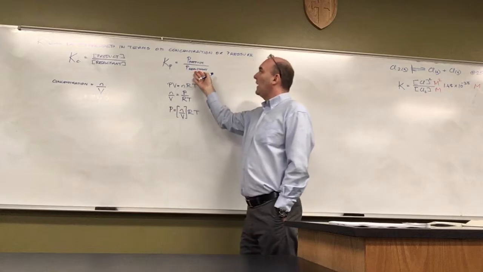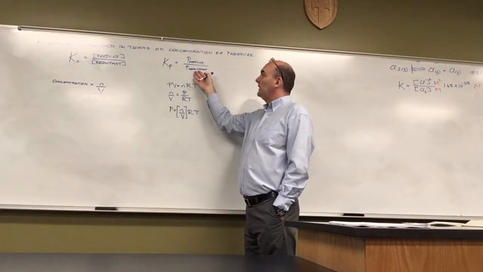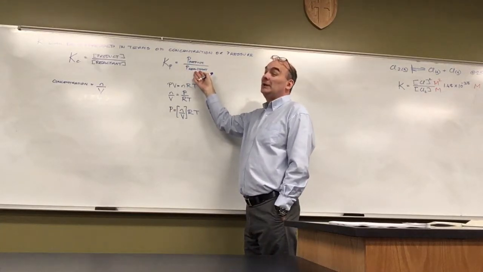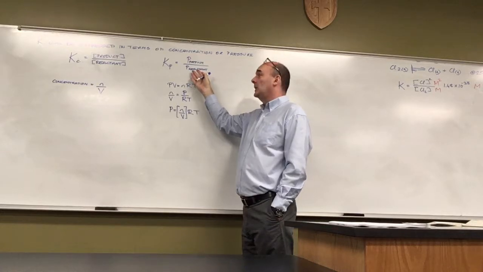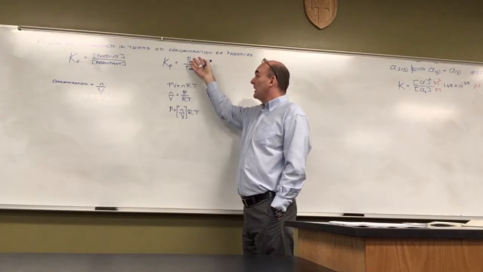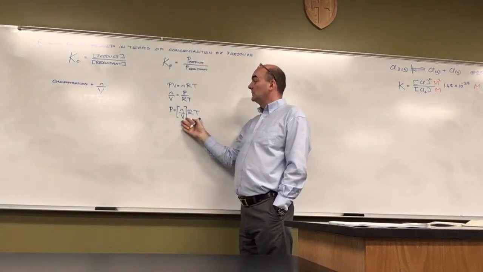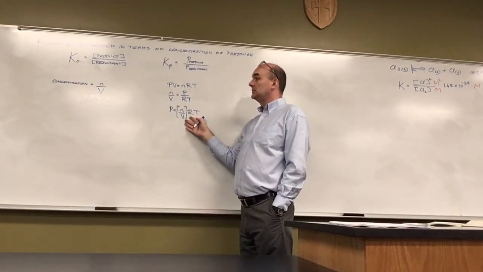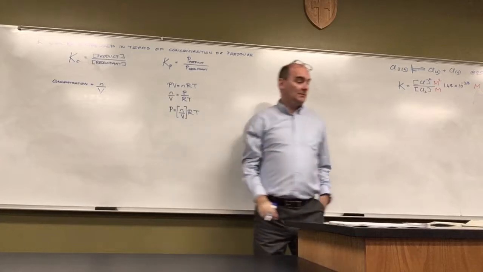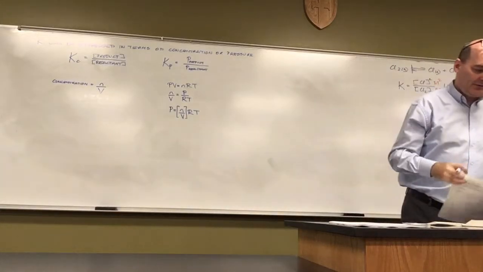Or if I found my number in pressures, which is probably a more likely way to do it, then I can just replace those pressures with these and figure that out. Okay, so here's an example.